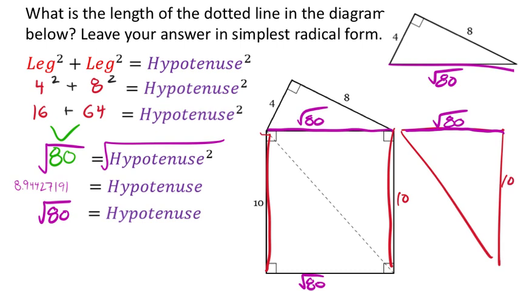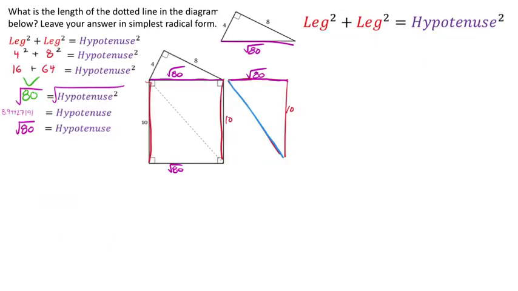Which means that for this problem, we are trying to find this hypotenuse, which is what it was asking for in the first place. We want to find the length of this dotted line. So we're back to the Pythagorean theorem. So we used the Pythagorean theorem once for the original triangle, but now we're using the Pythagorean theorem for this triangle. And even in the original figure, we're showing this right angle mark right here, 90 degrees.